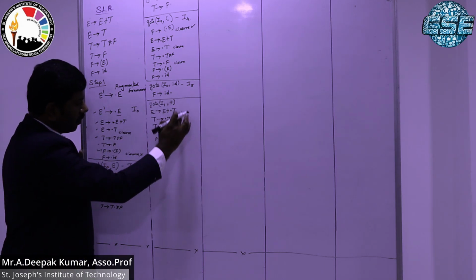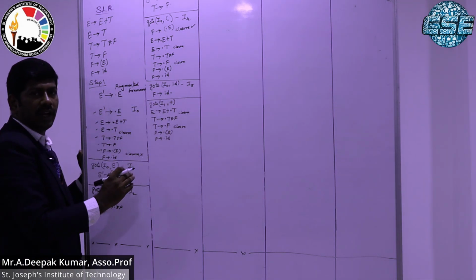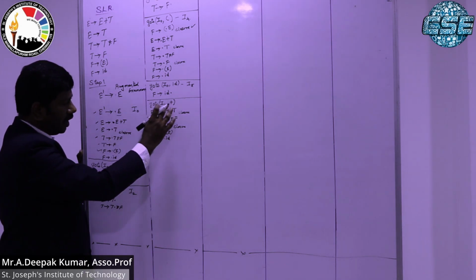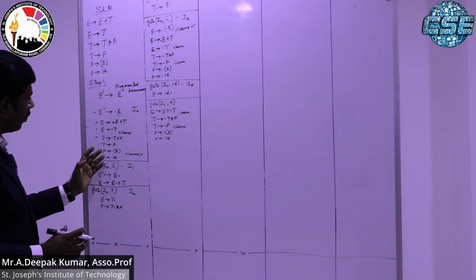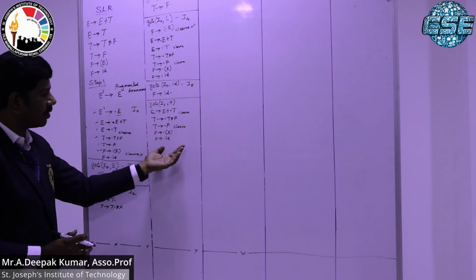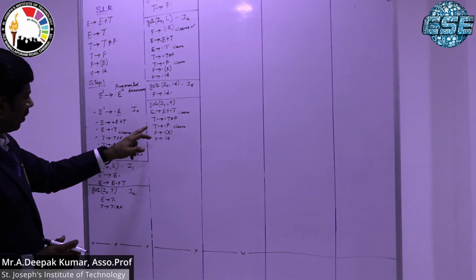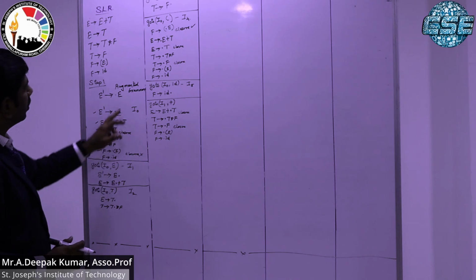This type of item we call LR(0) items. So we need to check whether we have the same kind of LR(0) items before proceeding to name this as a new state.